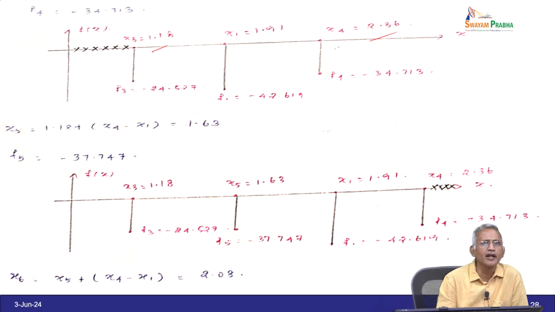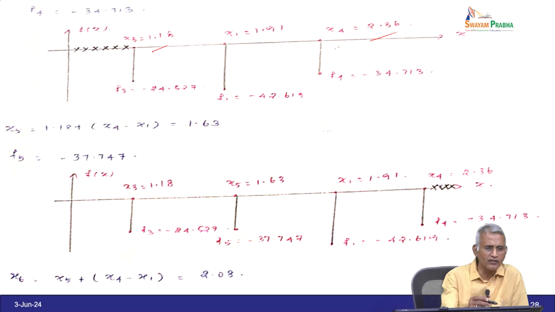Comparing f1 to f4, f4 is greater than f1. Comparing f4 and f3, f3 is greater than f4. Now, omit 0 to x3.